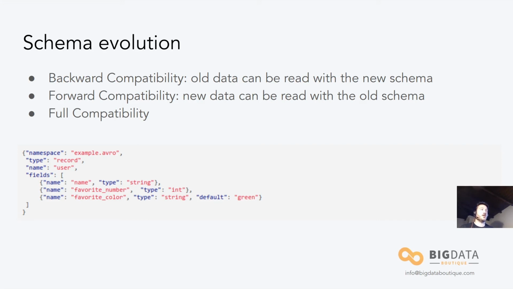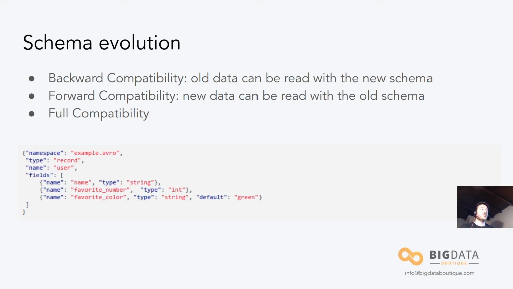So the new data without fabric number is not going to be possible to read with the previous schema. In the case of fabric color, it's not an issue, because fabric color is optional. Even if we have new data and fabric color is present, because it's a new field, it's not a problem. What my consumer is going to do is just drop that value and use the rest of the fields, and it's not going to break.